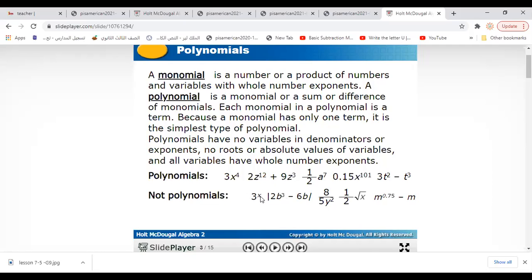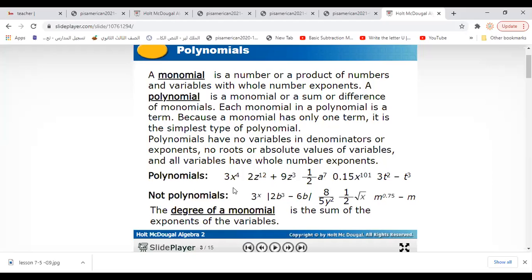If you have a variable as an exponent, a variable inside absolute value, a variable as a denominator, a variable under the root, or the exponent is a rational number, then it is not a polynomial. Understood? Yes. Let's move to the next one.